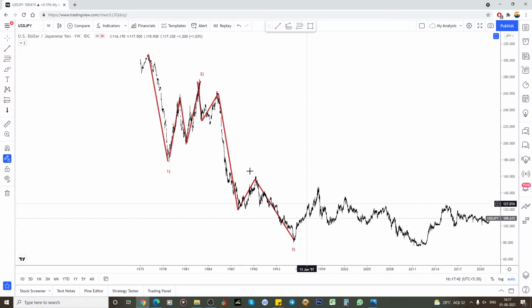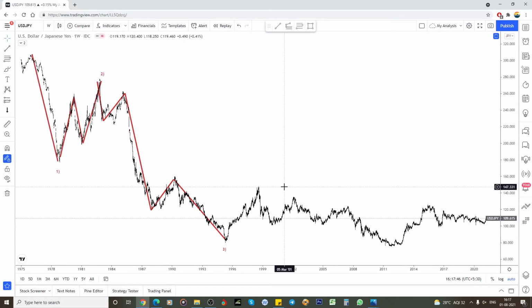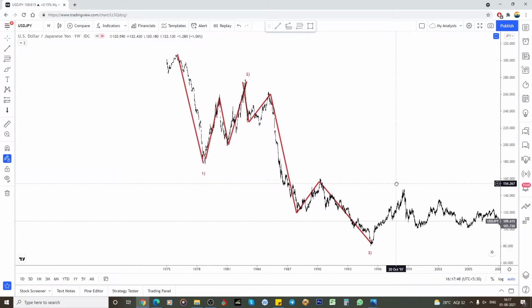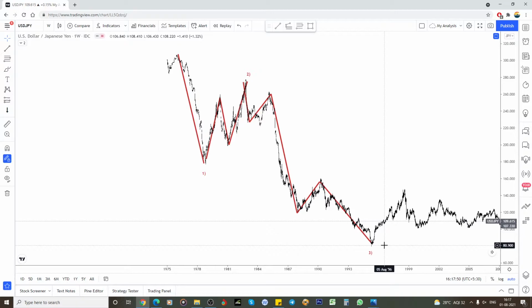That is why I didn't mention this as A, B, and C. But if it is not yet broken, I am expecting one more wave possible if it is a B and C. Another A, B, C is also possible.